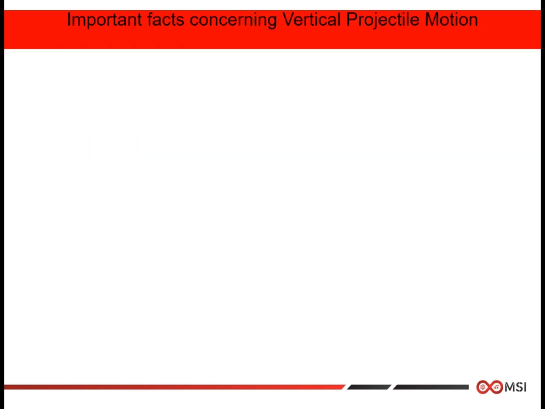Okay, there are a few facts concerning vertical projectile motion which are important that we need to pay attention to. So we're going to go through these key concepts pertaining to vertical projectile motion, which are two cases: the throwing of an object upwards.